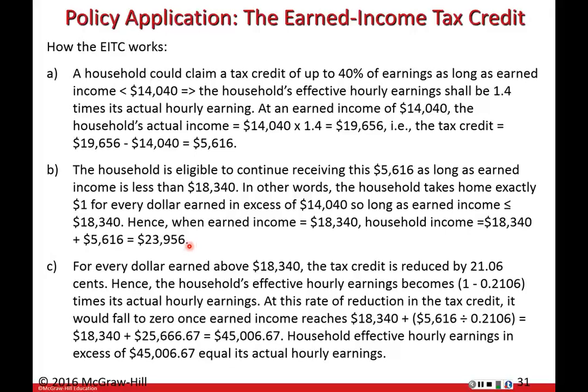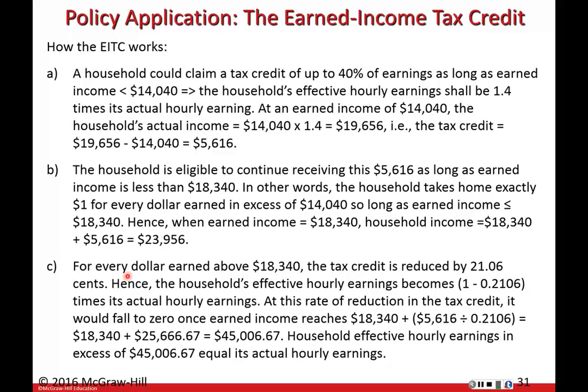Now for every dollar earned above 18,340, the tax credit of 5,616 is reduced by 21.06 cents. In other words, there is now a 21.06% tax, let us say, on hourly earnings in excess of 18,340.